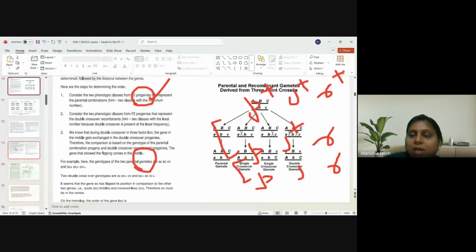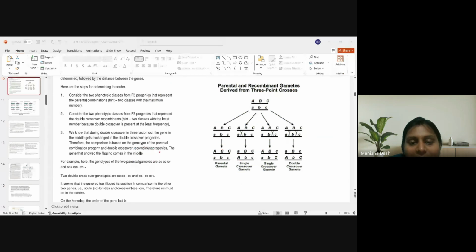So if you observe this slide carefully, what is happening in case of double crossover? The gene that is present in the middle stays where it is. Only the terminal genes change position. If you compare this combination ABC with a parental combination, the middle gene is where it is.